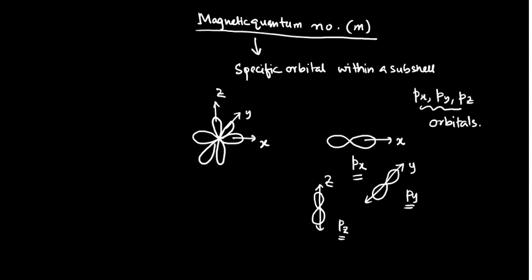Similarly, if we consider the D subshell, it's double dumbbell shaped, but there are 5 possible orientations. So we can draw the double dumbbell like this. If this is the x-axis and this is the y-axis, this is designated as dx square minus y square.